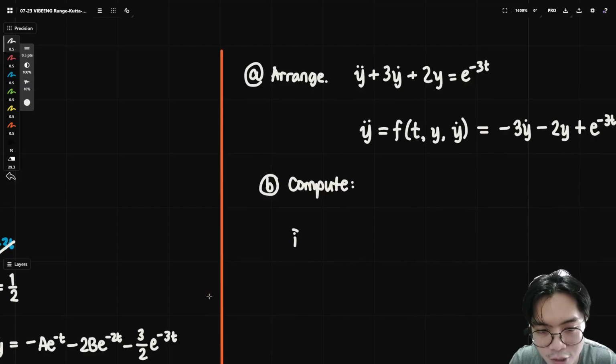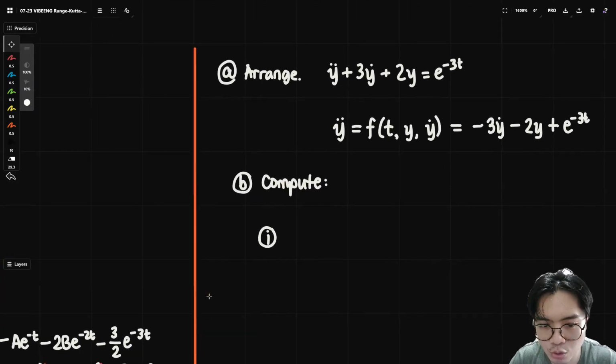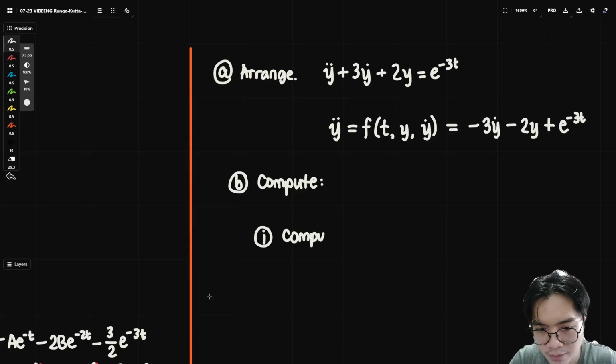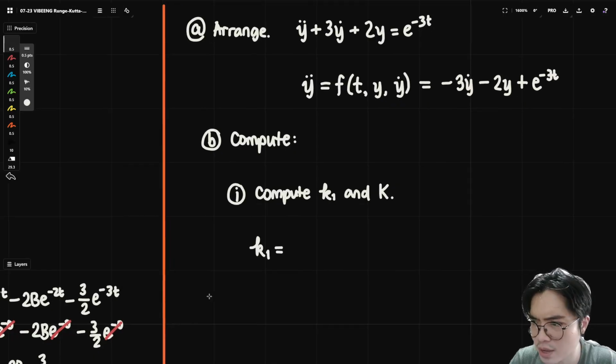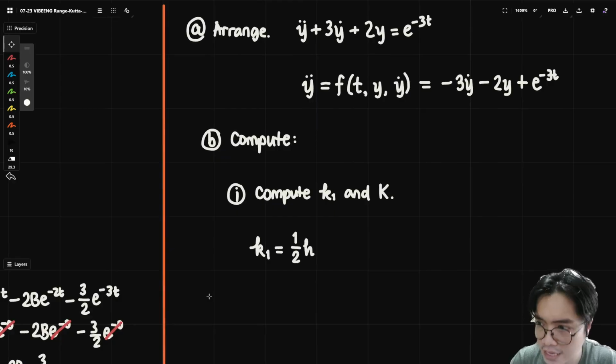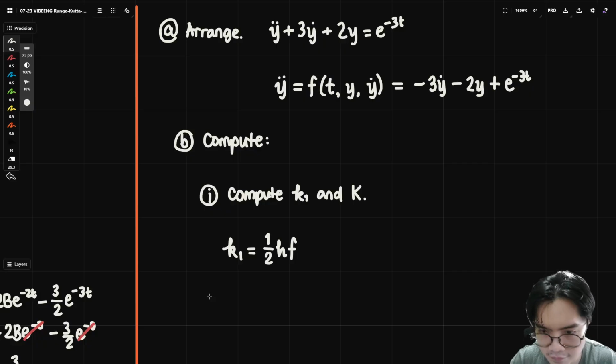We will have a first part which has to do with computing k1 and big K. The k1 is much the same way as last time, but now we will have everything: 1 half h times f of t0, your y0, and your y dot 0.